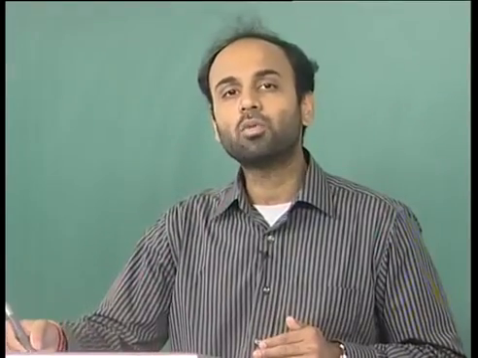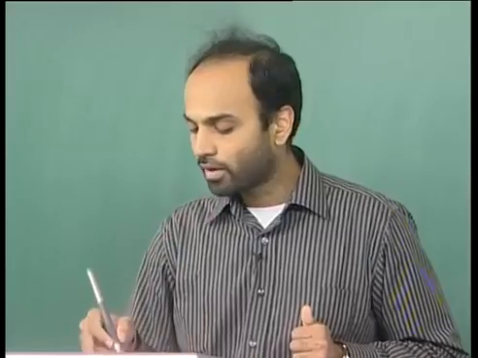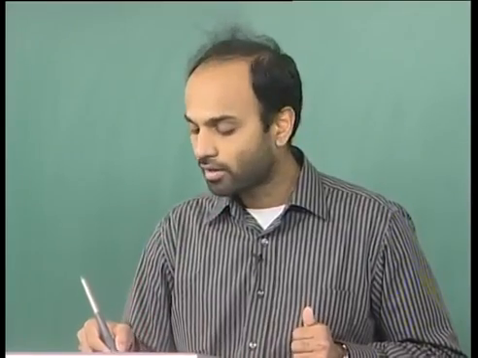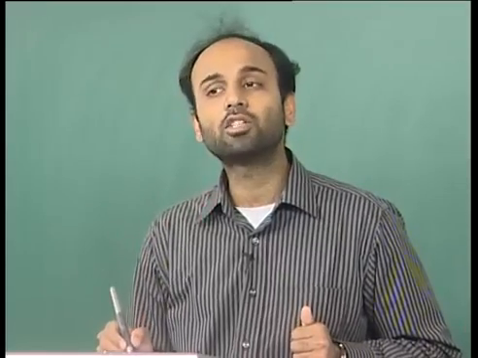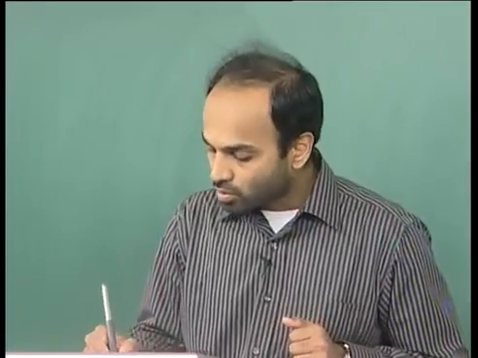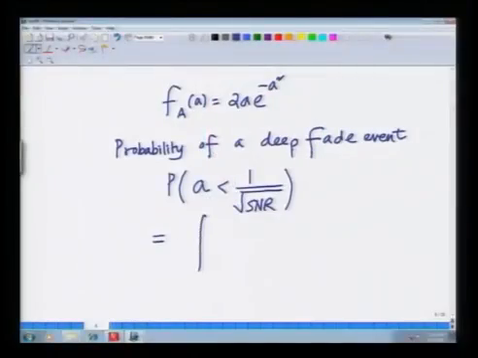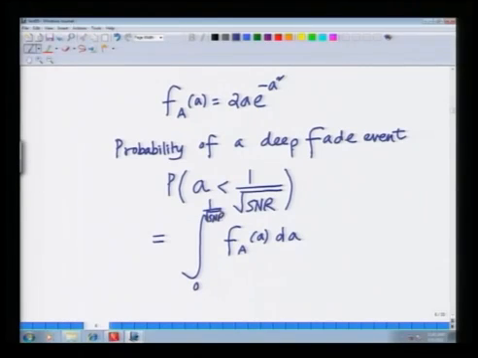With what probability will the channel be in a deep fade? That is simply the probability that the magnitude of the fading coefficient is less than 1 over square root of SNR, which can be given as the integral of the probability density function between 0 and 1 over square root of SNR.